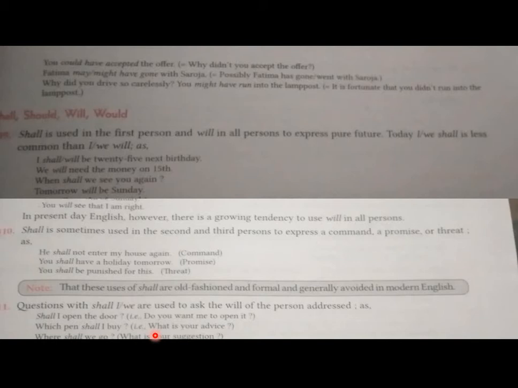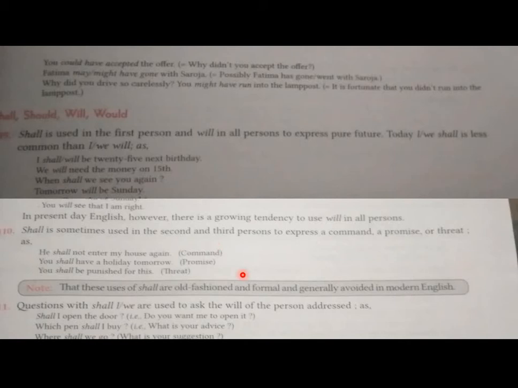Now we have a note over here that these uses of shall are old-fashioned, formal and general. Avoid in modern English. So it says that these uses of shall, which we are reading right now, were used in the old times, and they are also formal.